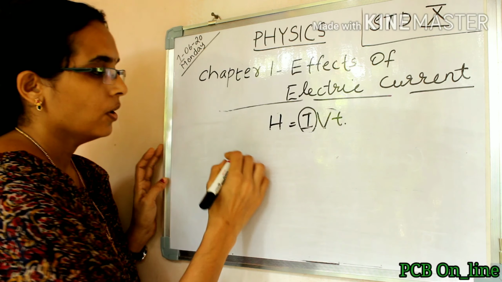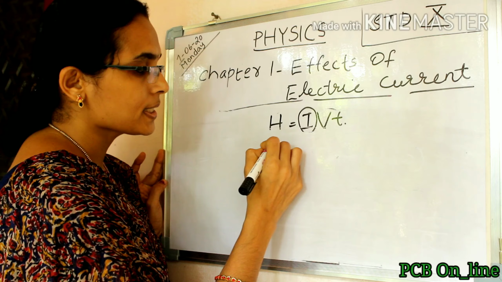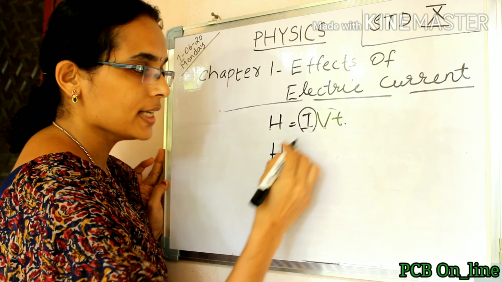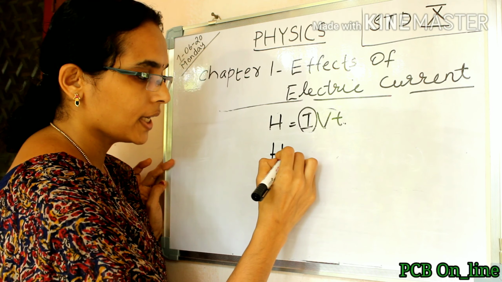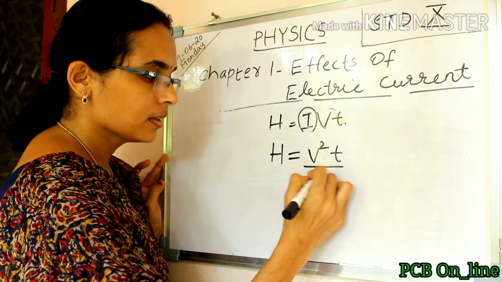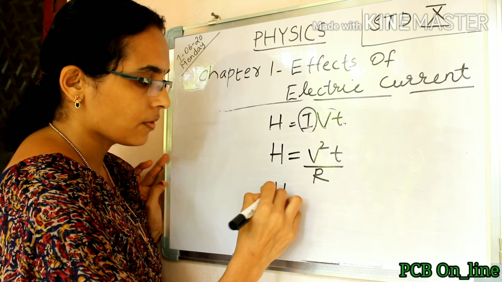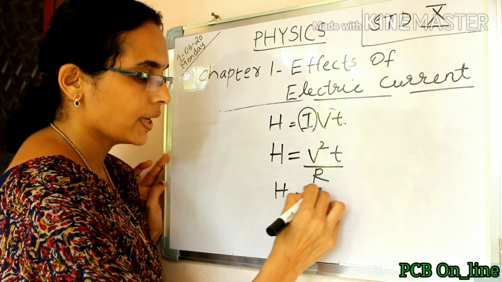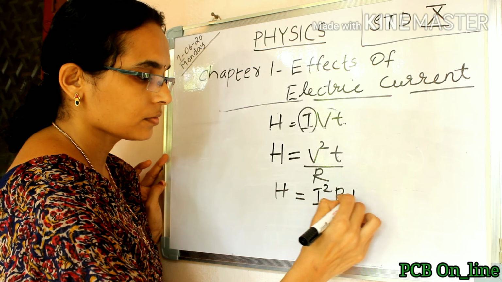We have all the three equations for calculating H: H is equal to IVT, H is equal to V square T by R, or H is equal to I square RT.